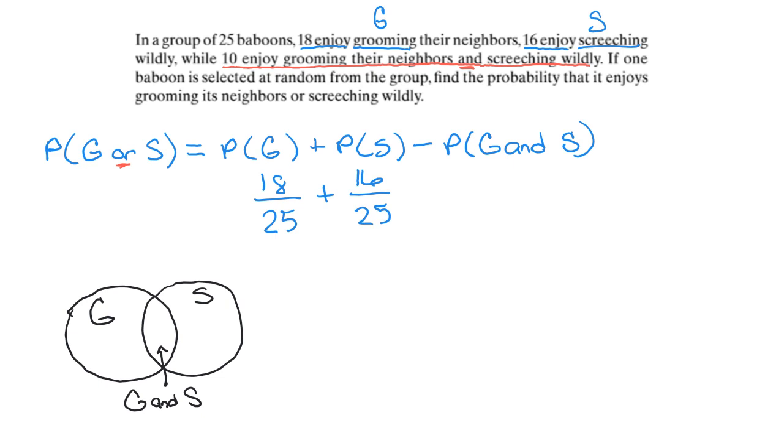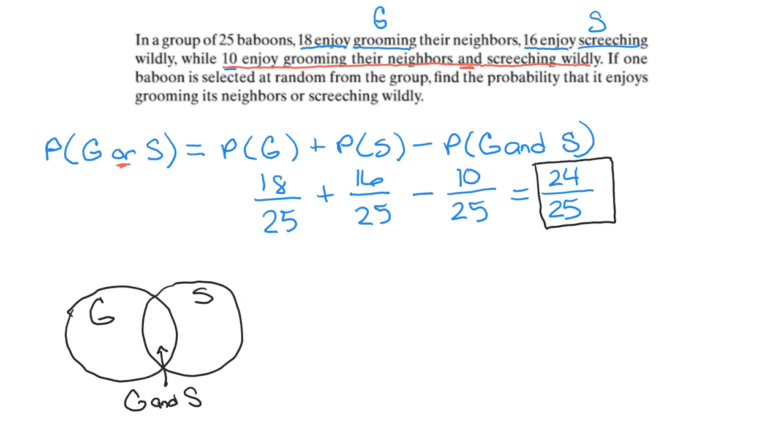Minus the probability of grooming and screeching: 10 out of the 25 enjoy both. If you place this in your calculator, you will find 24 divided by 25, and this will be your probability of these not mutually exclusive events.